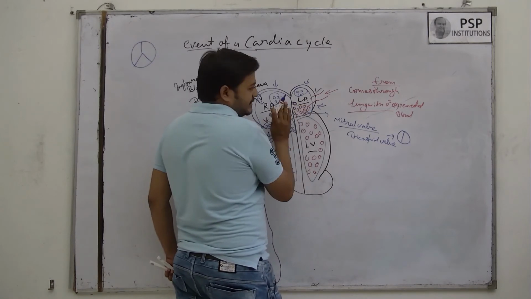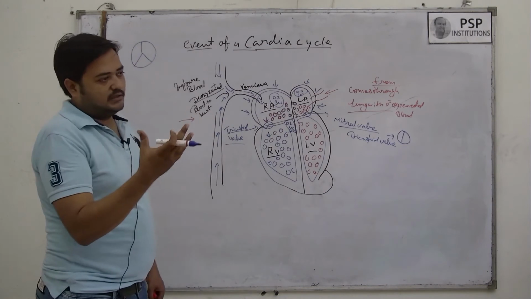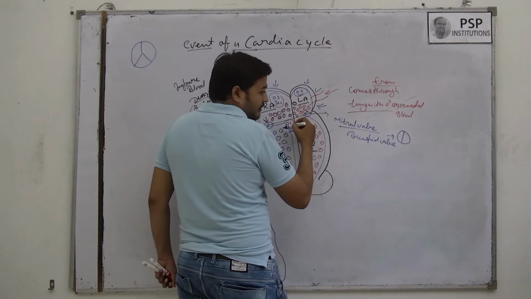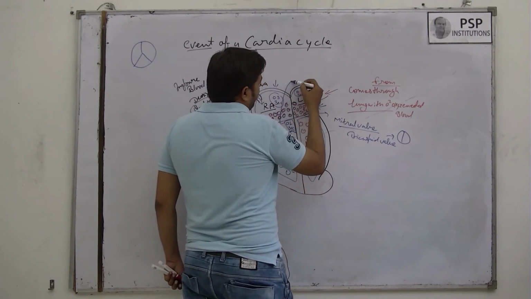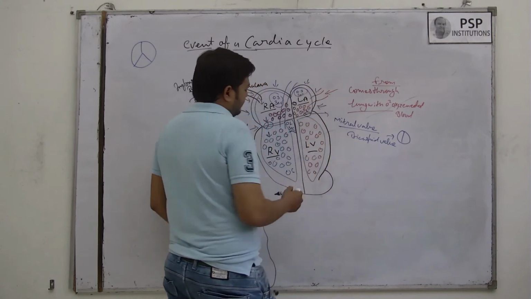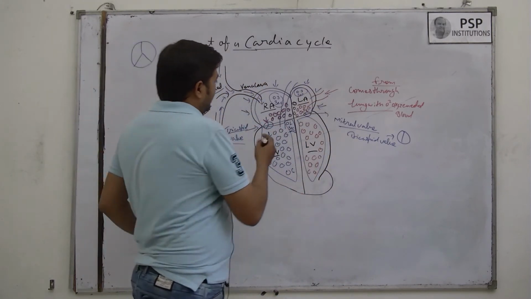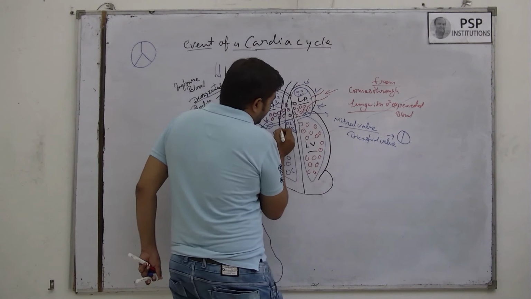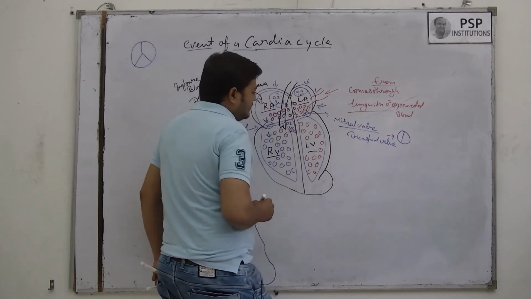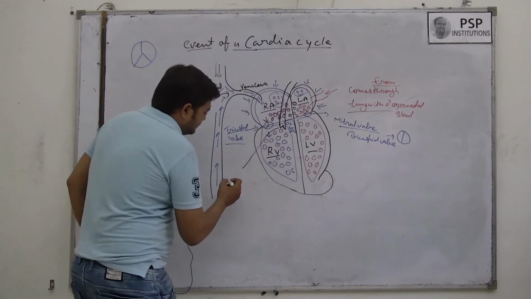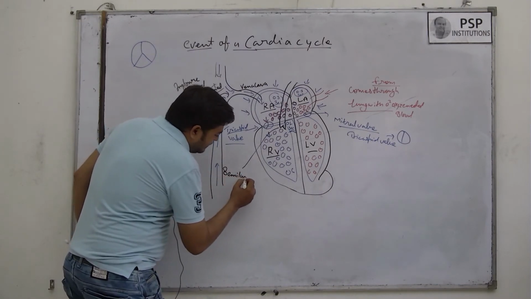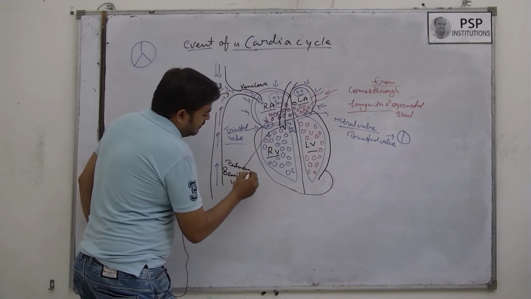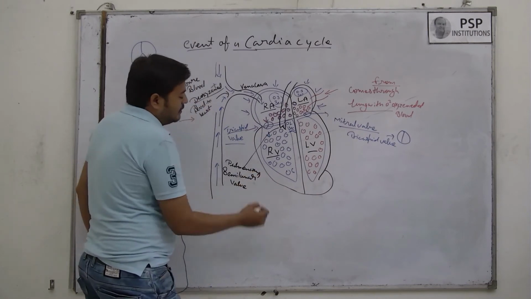Okay, in the structure, if we see a live organ, you can see that from the right ventricle there is a pulmonary artery. There is also a valve whose name is the semilunar valve, or pulmonary valve.